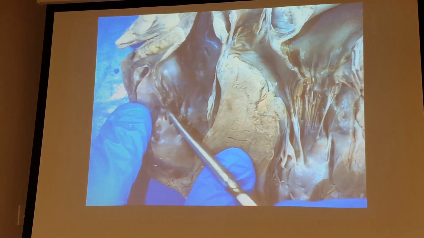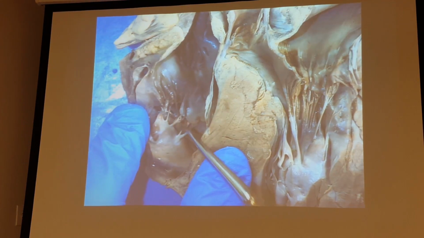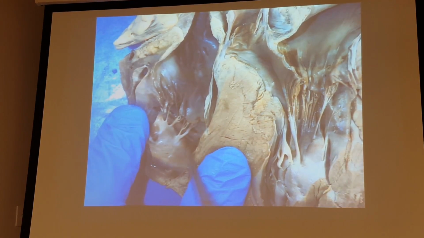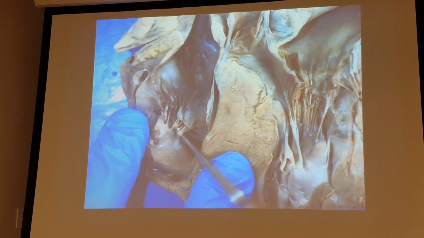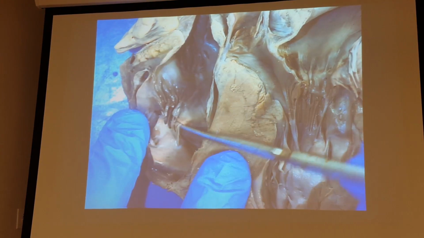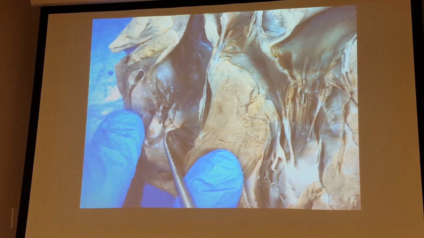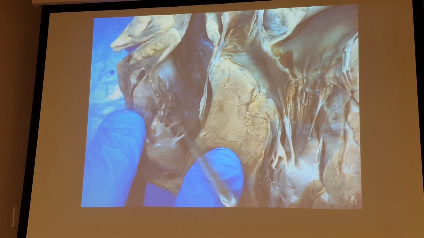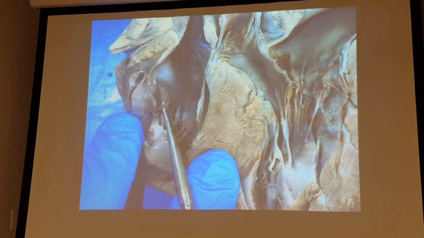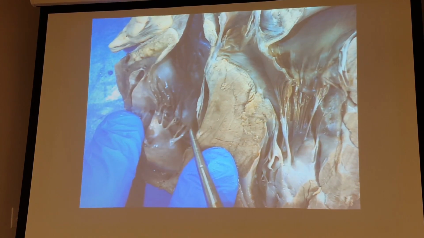If we spread this out, there's the chordae tendineae of the tricuspid valve. Let me put the probe underneath it. There we go. So that's the chordae tendineae of the tricuspid valve, and then there's the flap of the tricuspid valve back here.